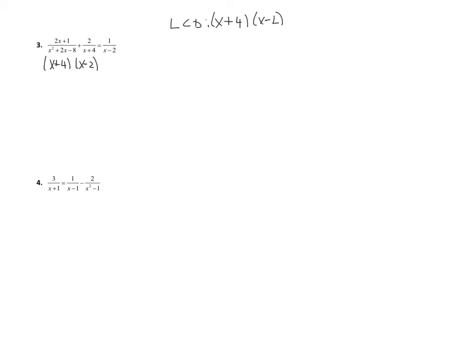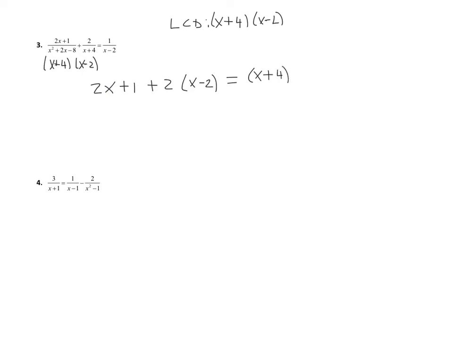The first one, when I multiply by the LCD, the denominator is the same as the LCD, so it's going to cancel out. I'm just going to be left with 2x plus 1. And then plus, for the next one, the denominator is x plus 4, so that's going to cancel, so I'll be left with 2 and x minus 2. For the next one, the x minus 2 will cancel, so I'll be left with x plus 4.